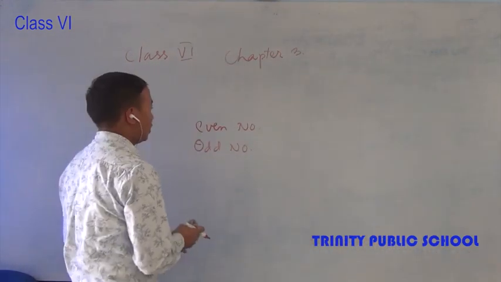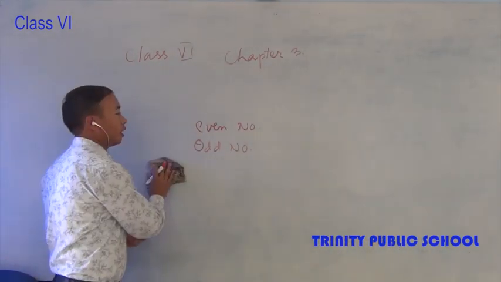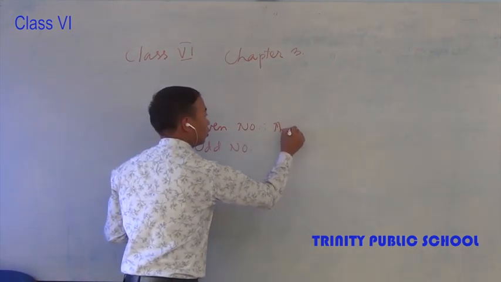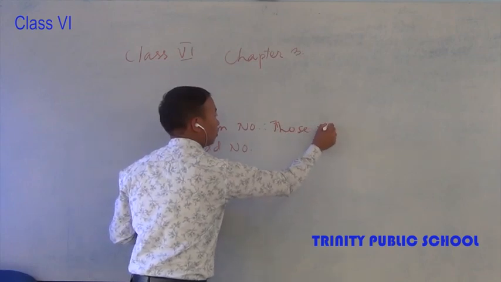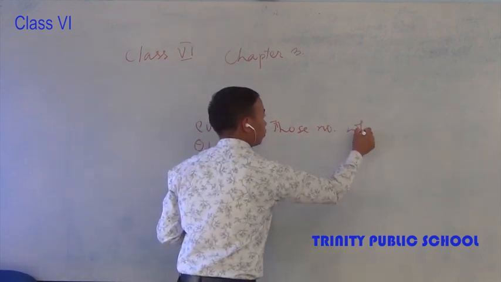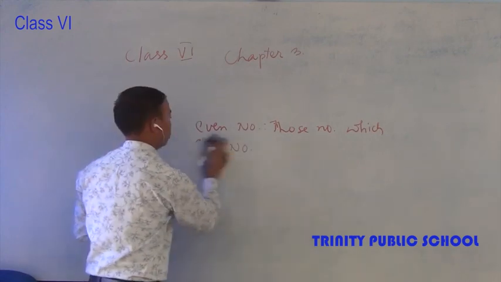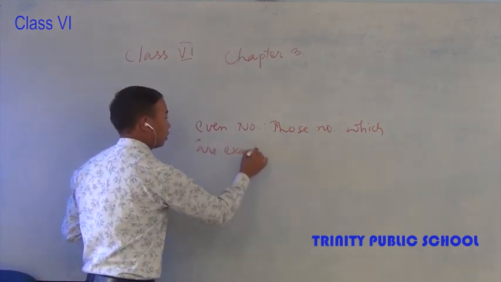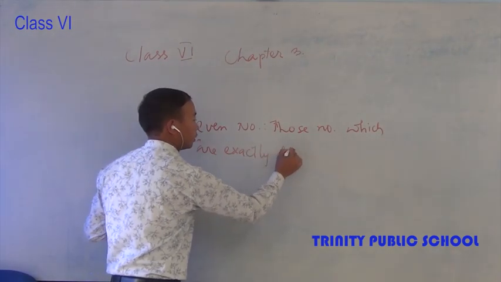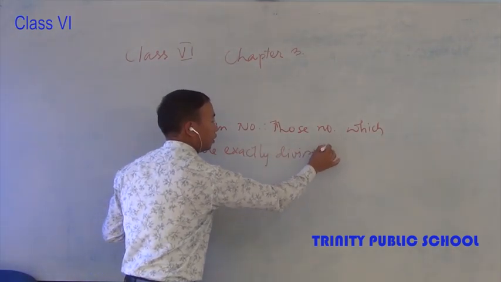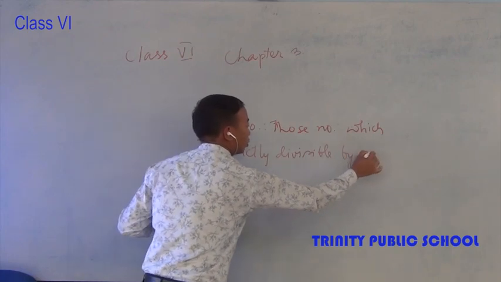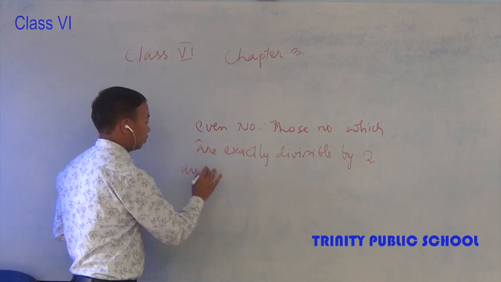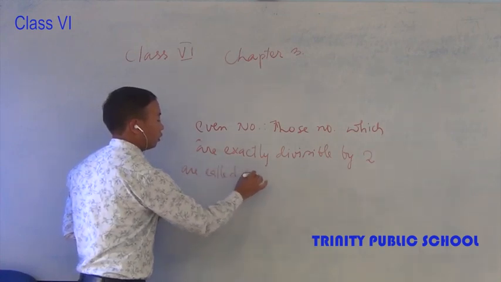In our earlier classes, we have learned what an even number is. Let me remind you: those numbers which are exactly divisible by 2 are called even numbers.